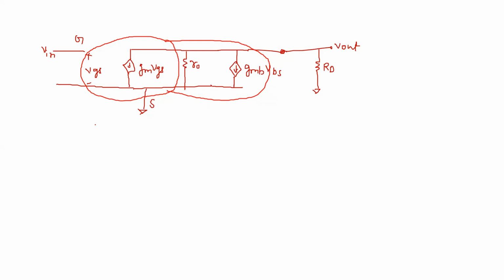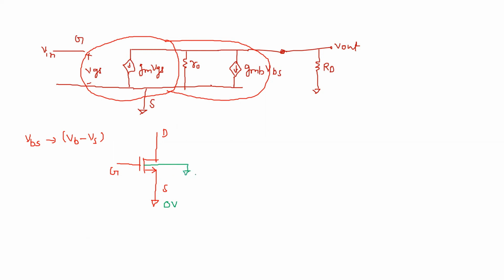First of all, I'll tell you the meaning of this VBS. So VBS is what? The difference between body and source voltage. When we simply consider this NMOS, its source is grounded, or the source is connected to the least potential. This is your gate, this is your drain, this is your source. And it is recommended that the source should always be connected to the lowest potential. So the source is connected to zero potential in this case. It is also recommended that the body should also be at the lower potential.